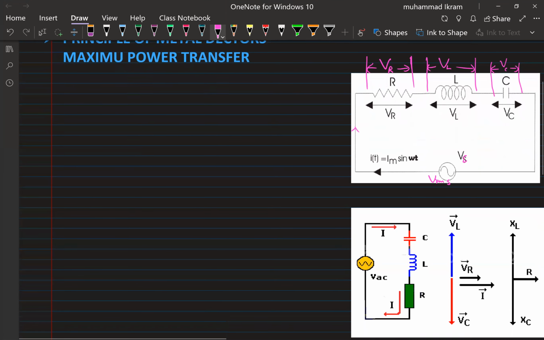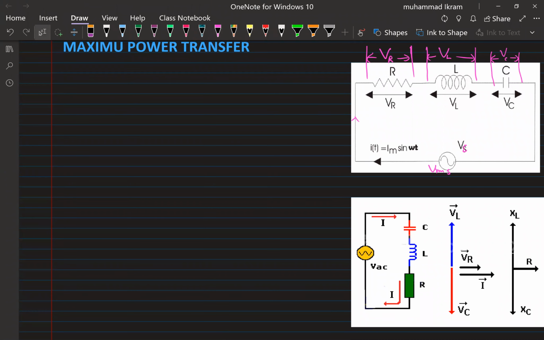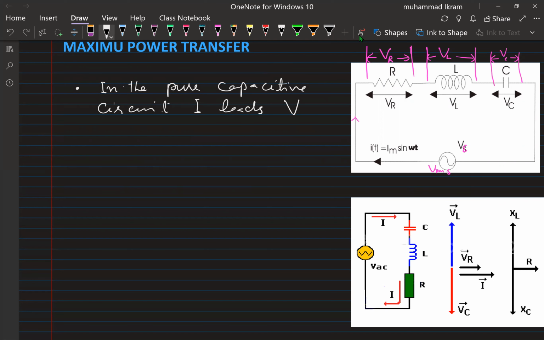If we look at the phasor diagram, if you remember from our previous lecture, I told you that in the pure capacitive circuit, the current leads the voltage VC by pi by 2.